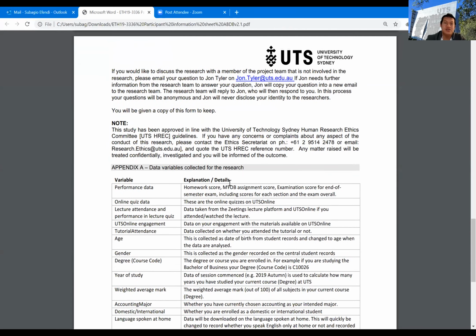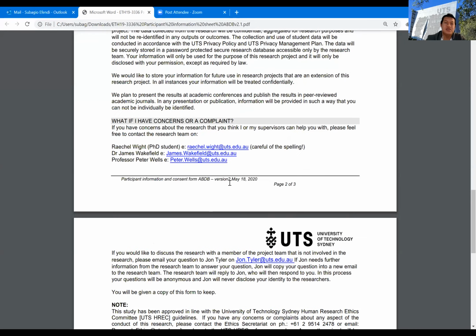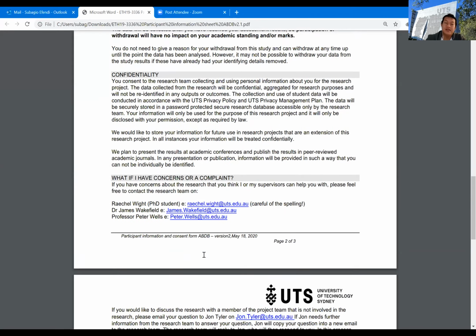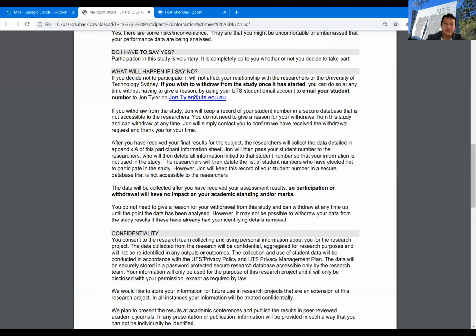Each student who enrolls in this subject is automatically part of this study. But if you don't want to be part of this study and you don't want the researchers to use your data, you can email, using your UTS account, Rachel, James Wakefield, or Peter Wells saying that you don't want to be part of this study. Then they will exclude you from the sample.